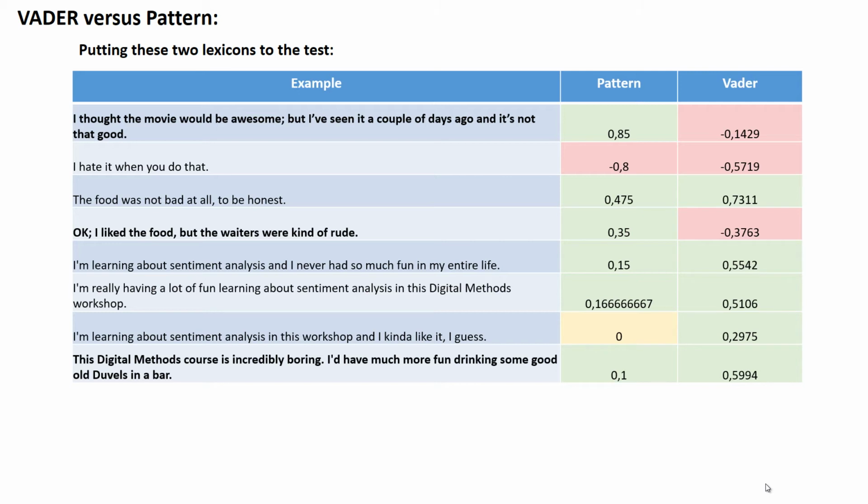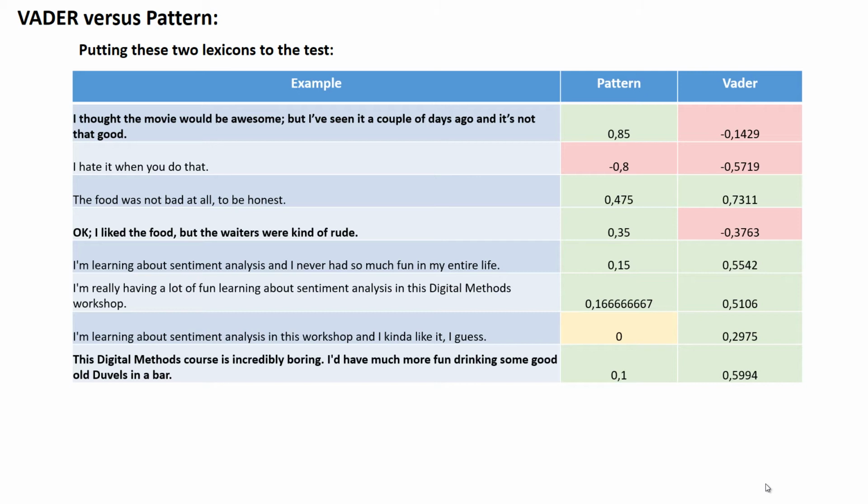So "it's not that good" would be detected by the module as being negative. Also, the part of the sentence after "but" will have a greater weight in the Vader module, right? This is one of the other rules. So the "it's not that good" part of the sentence will have a greater weight than "I thought the movie would be awesome." Okay, so the Vader does a better job here thanks to the rules incorporated in the module.